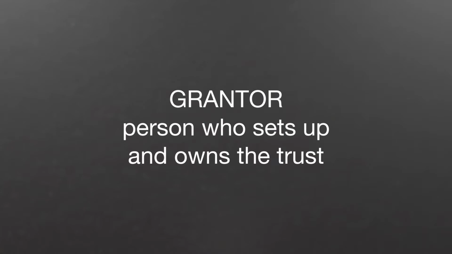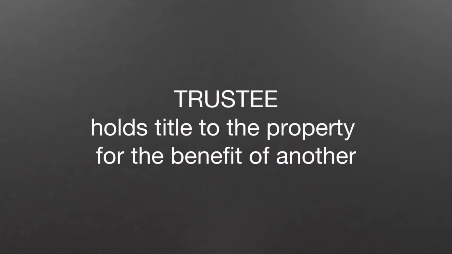I have used a few different legal terms. Let me define the most important ones. Grantor is the person who sets up and owns the trust. Trustee is the person who holds title to the property for the benefit of another.